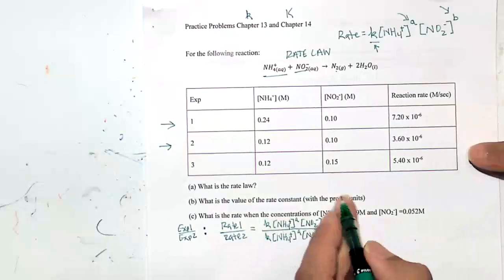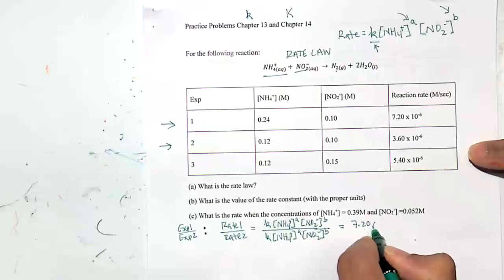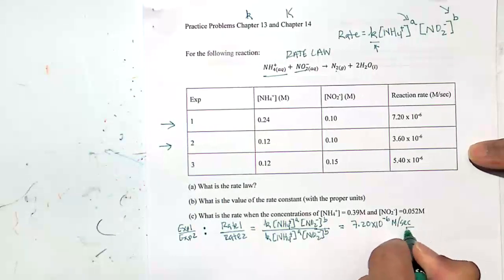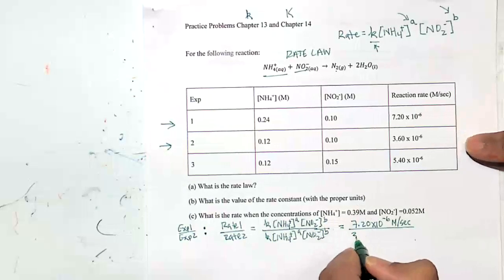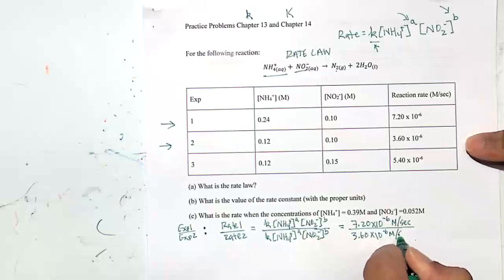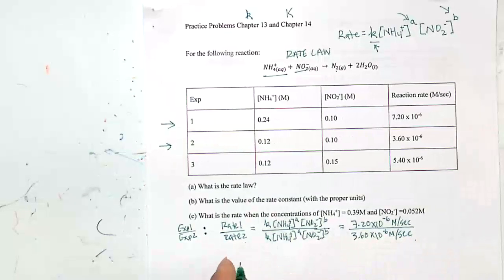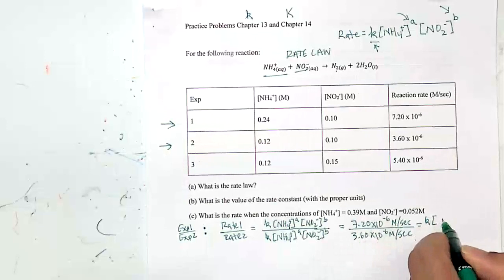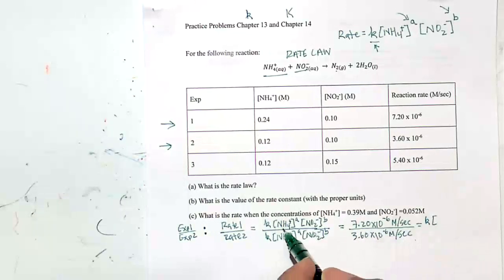Just plugging stuff in here: 7.20 times 10 to the minus 6 molarity per second, divided by 3.60 times 10 to the minus 6 molarity per second. That is rate 2. So this is going to equal K times NH4, the ammonium ion.